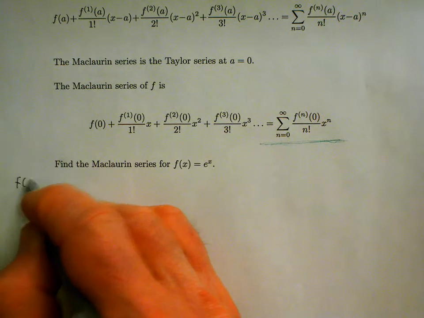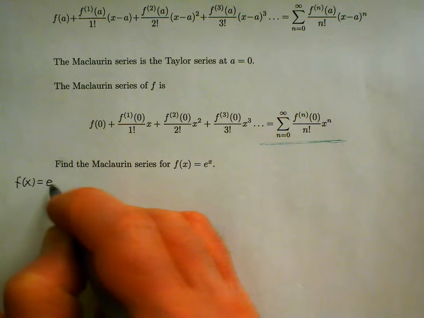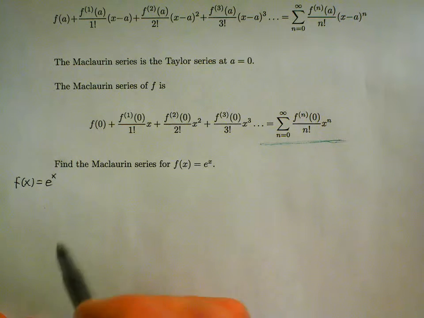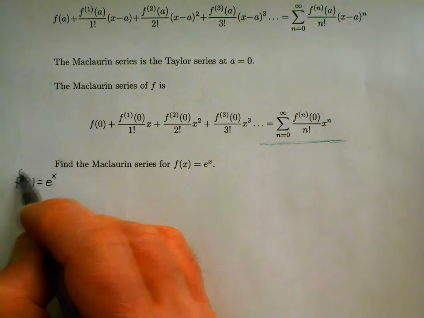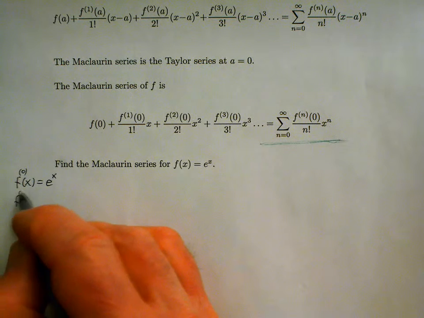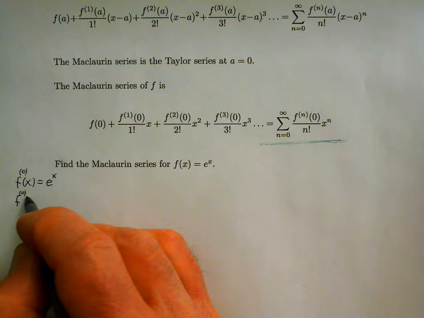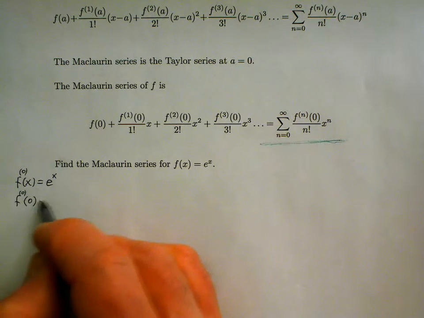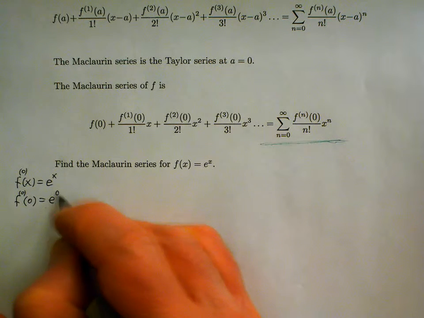Well, f of x is e to the x. So this is like having the 0th derivative. And then when we evaluate that at 0, we get e to the 0, which is just 1.